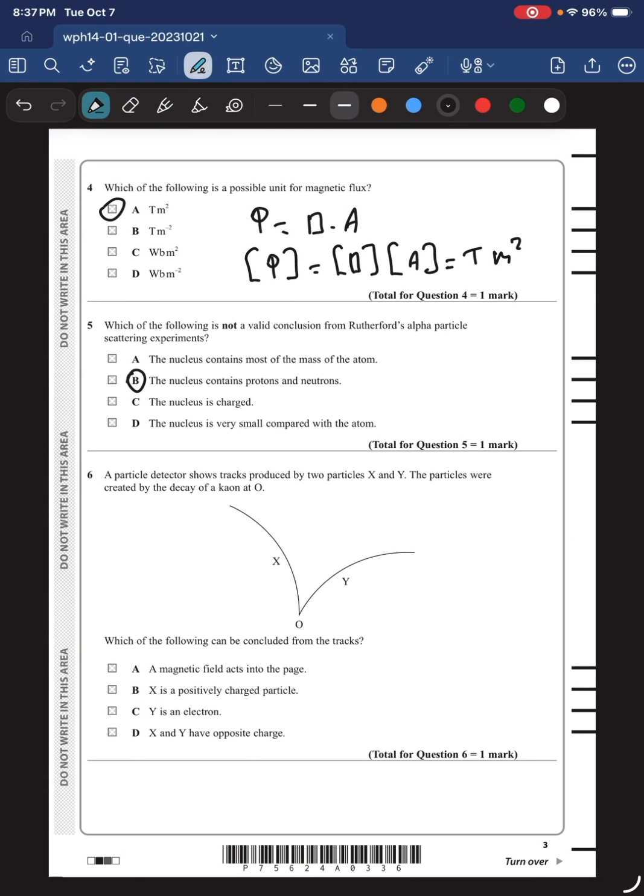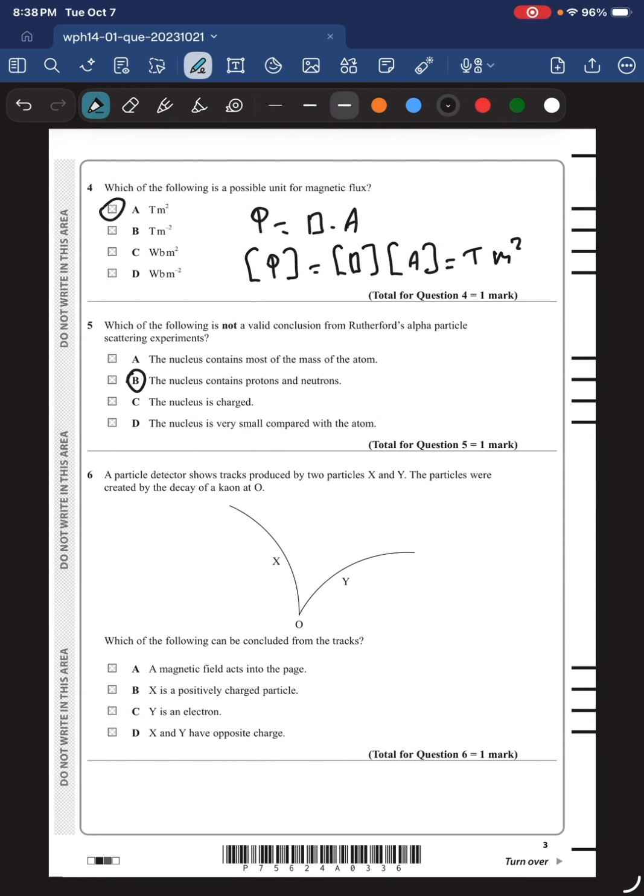So, question 6. A particle detector shows tracks produced by two particles X and Y. The particles were created by the decay of a kaon at point O. Which of the following can be concluded from the tracks? Okay.